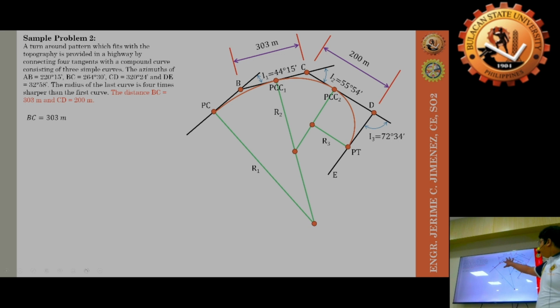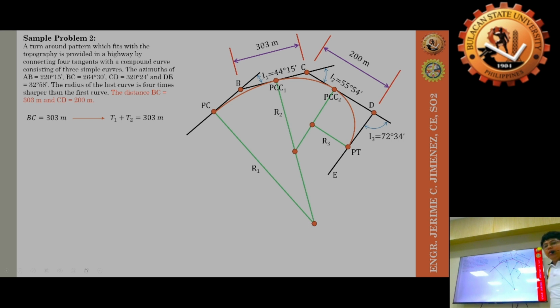Based on our plot, makikita natin na si line BC is also equal to our common tangent 1. So therefore, BC is also equal to T sub 1 plus T sub 2 is equal to 303 meters.